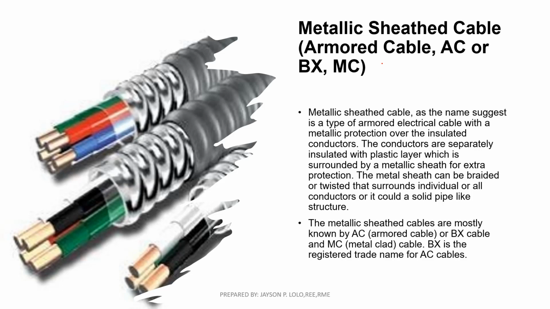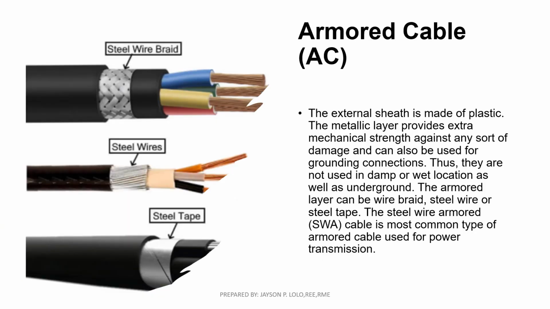So let's discuss some of the types of metallic sheeted cable. The first one is the AC cable, or armored cable. Over the insulation there is also a steel wire braid, or sometimes it's steel wires and steel tape.